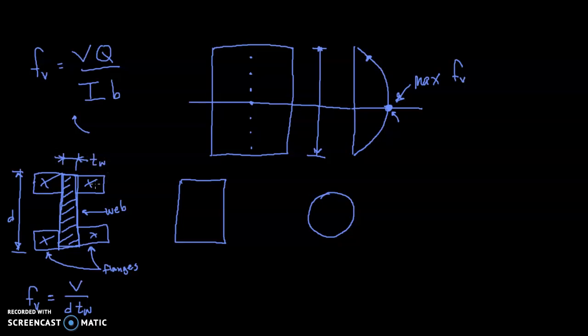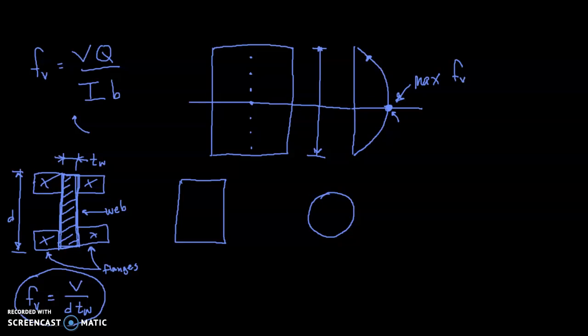So basically we're just finding the force divided by area. The area in this case is the area of the web. So this is the formula that we will use for shear stress in a wide flange beam.